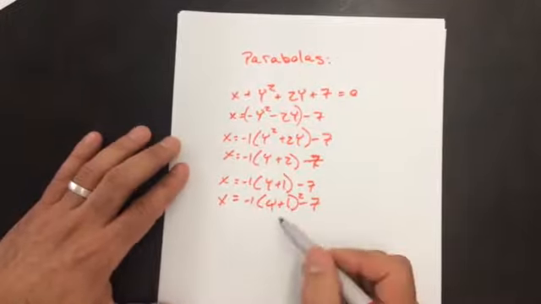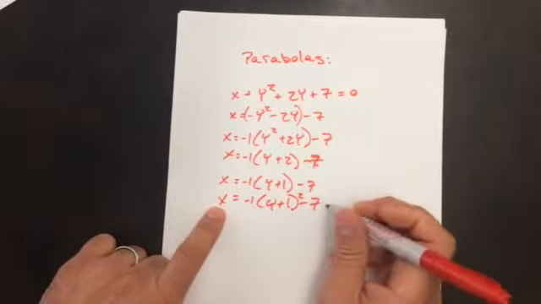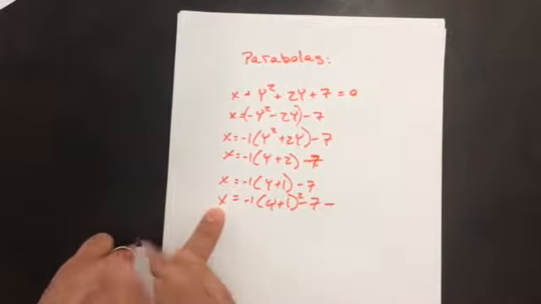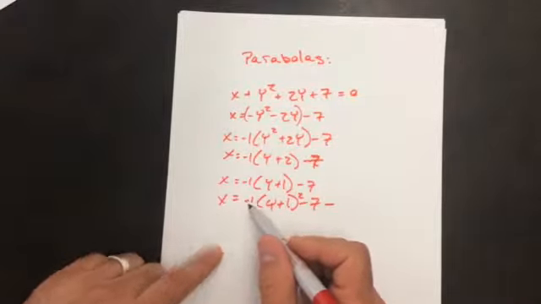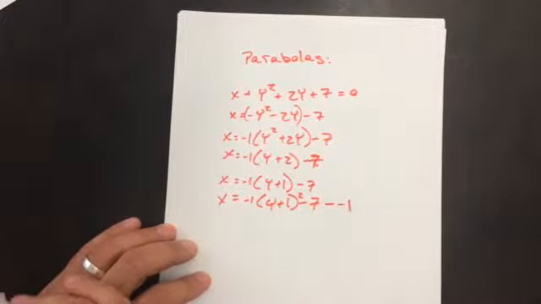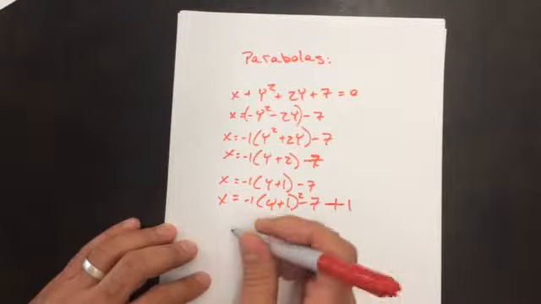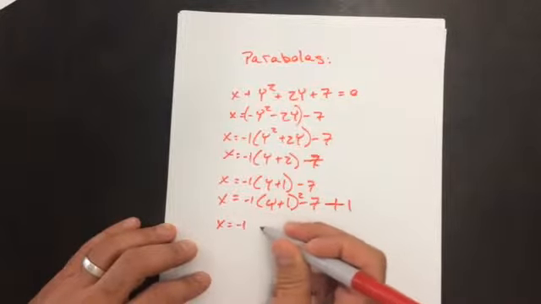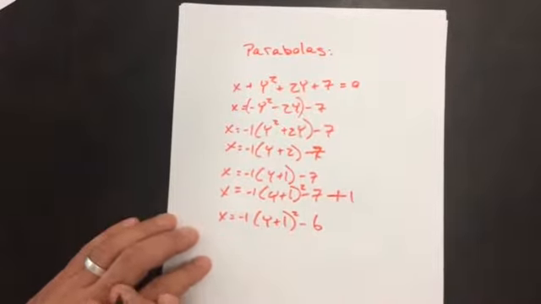Now when I squared this, I added something to this side of the equation. Because we want the x by itself, I'm going to subtract whatever I added. So 1 squared is 1 times negative 1 is negative 1. So I added negative 1. Now I'm going to subtract negative 1. Now minus a negative, of course, is plus. I'm going to combine these like terms. So I get x equals negative 1, y plus 1 squared minus 6.